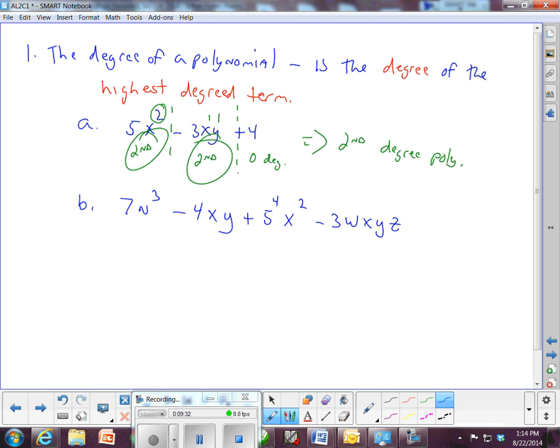First off, it's just a polynomial because it has 4 terms. So you want to figure out the degree of each term, and then pick the largest one, and that will be the degree of the polynomial.